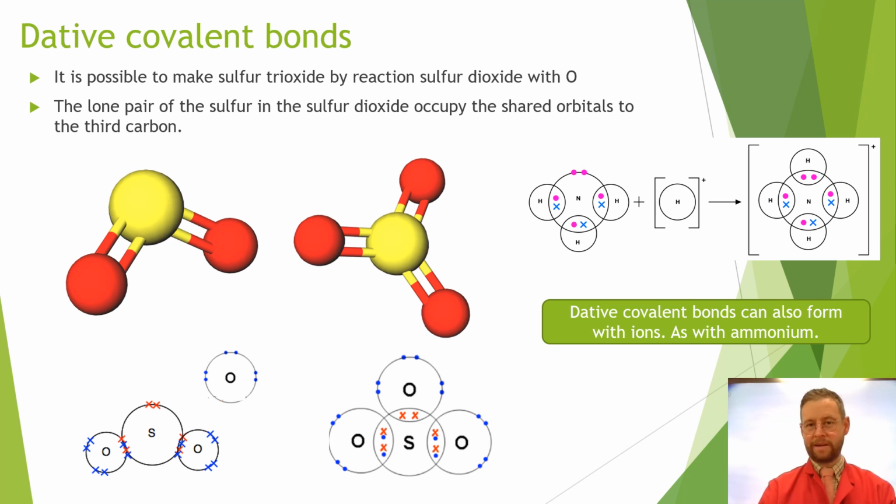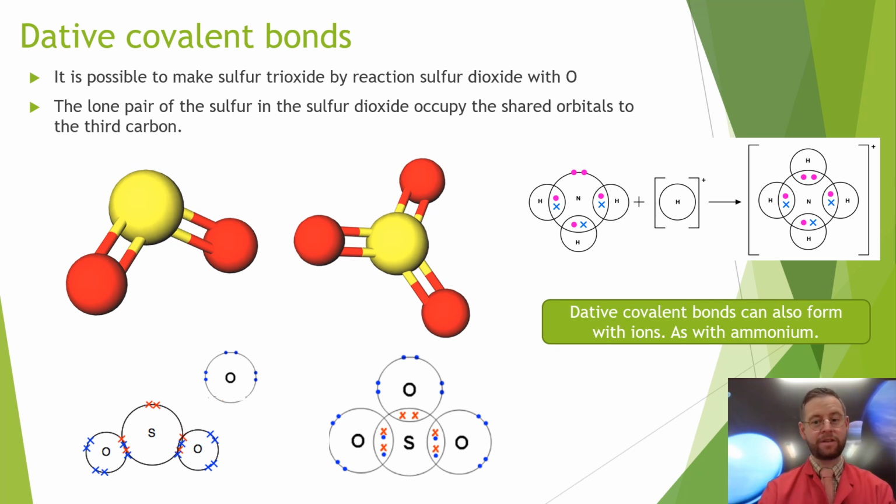Now, with all these covalent bonds so far, we've imagined that both players in this chemistry have come with an electron each to share and greeting each other on mutual terms. But that doesn't have to be the case. You see, if we have something like this as sulfur dioxide, the sulfur has got this lone pair, and this lone pair sits there at the top of the molecule. But what if oxygen came along, and the oxygen needed 2 more electrons?